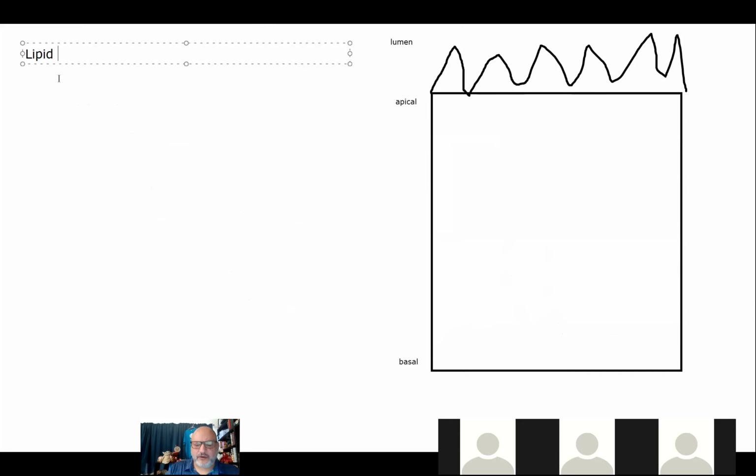So our goal now is to talk about lipid absorption. Of course, as we know, lipids are broken down into what again? Fatty acids and alcohols.